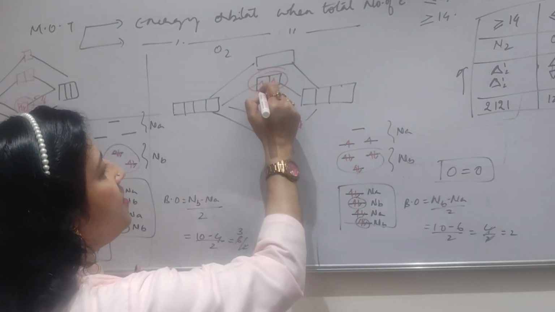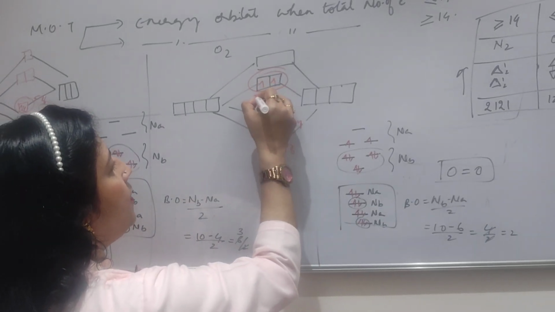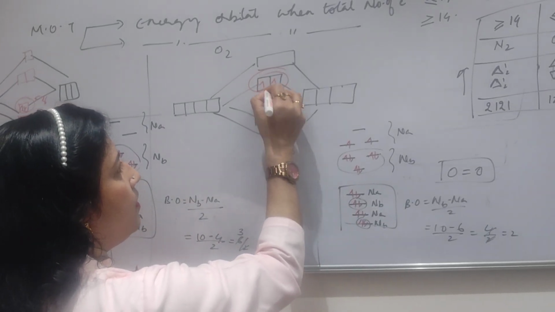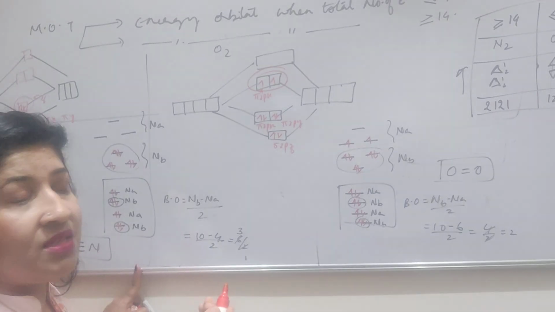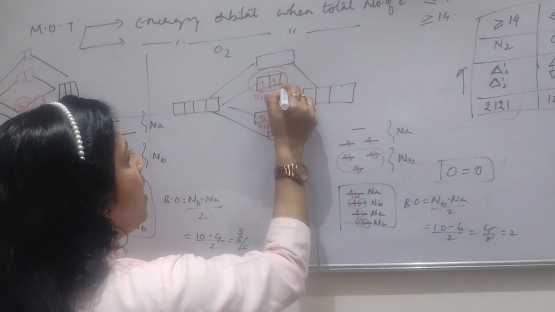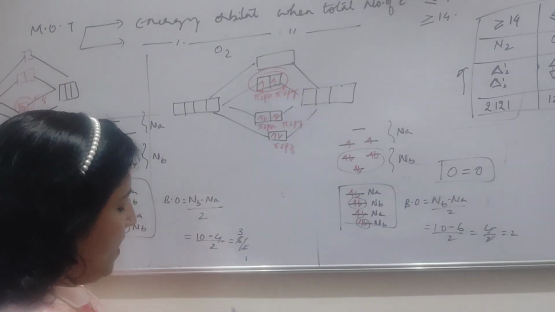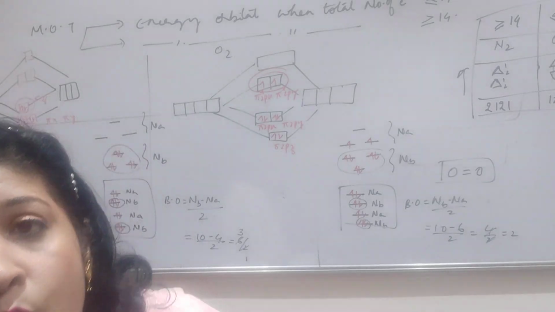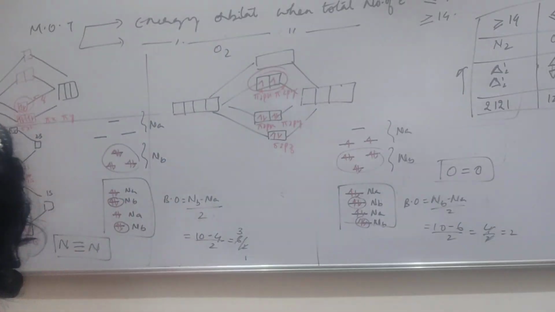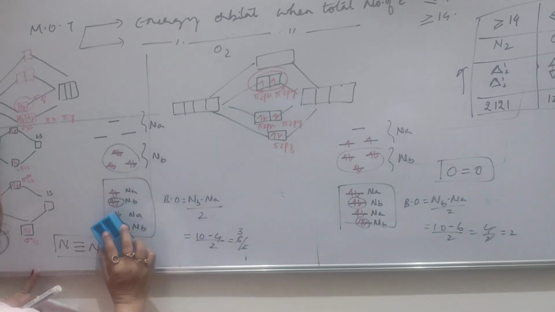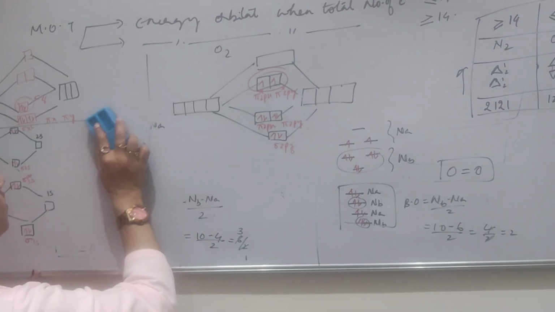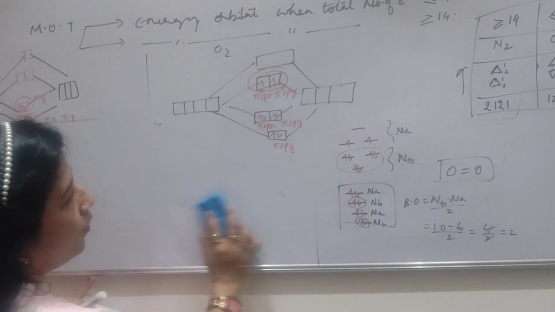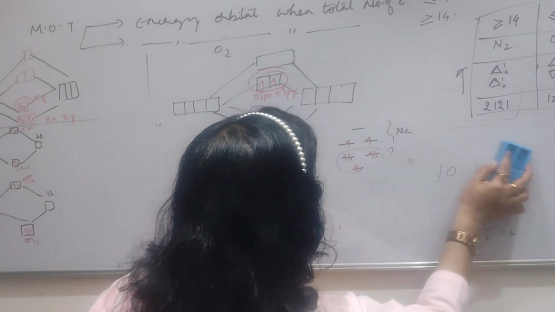And this will be pi 2px. It is pi star because it is antibonding. So pi star 2p. Let us learn to write the electronic configuration for molecular orbitals. I'll just erase this so that we learn to write the electronic configuration for both.